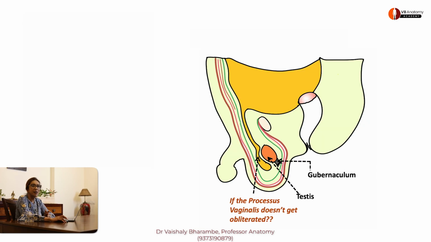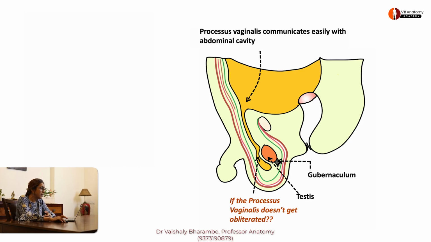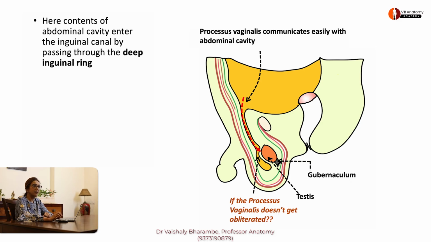But supposing the processus vaginalis does not get obliterated, then it will be in continuity with the abdominal cavity. Correct? See here, there's a continuation. Because of the raised abdominal pressure, abdominal organs, especially the small intestine, want to pass through this little processus tube, resulting in congenital inguinal hernia.